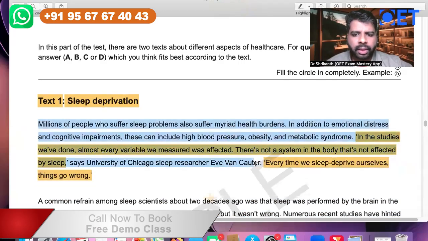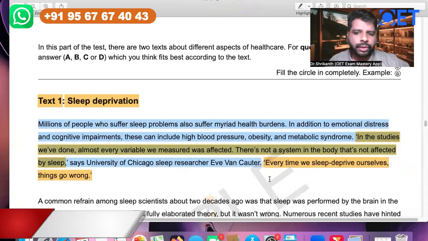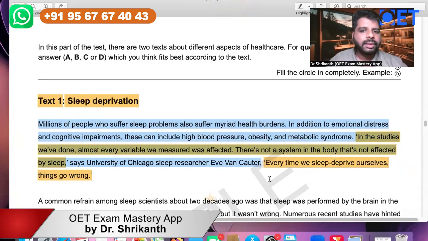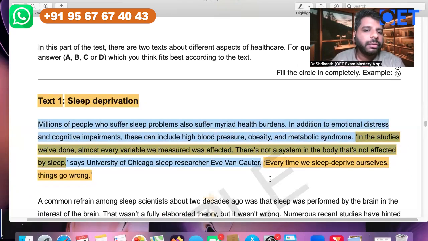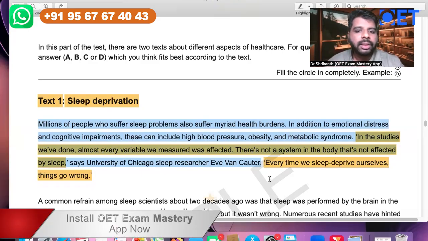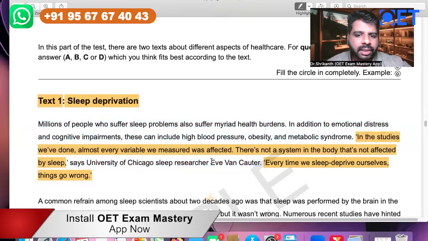The blue color words you see over here are the writer's own words. But the yellow color things that you see over here are not the words of the writer. They are the words of this person, and that person's name is E1 Cotter.